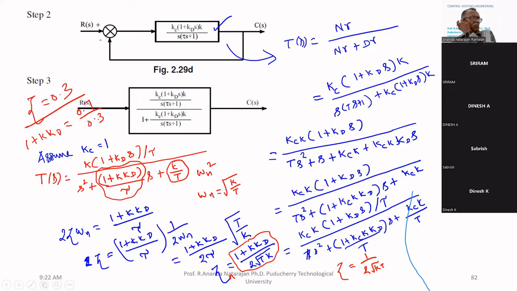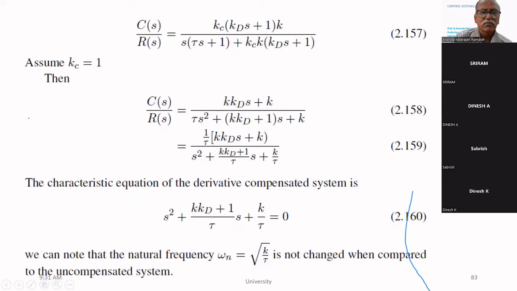If we select 1 plus K KD equal to 0.7 by 0.3, then automatically the system will be modified with zeta of 0.7. So its natural frequency is not modified, but its zeta value is modified. We can select zeta by using this derivative control.